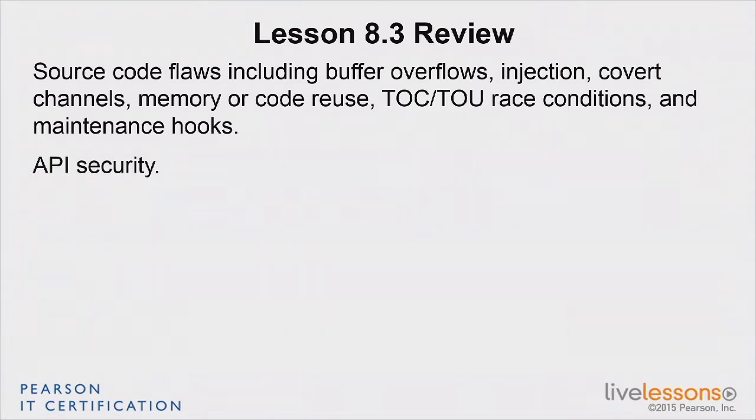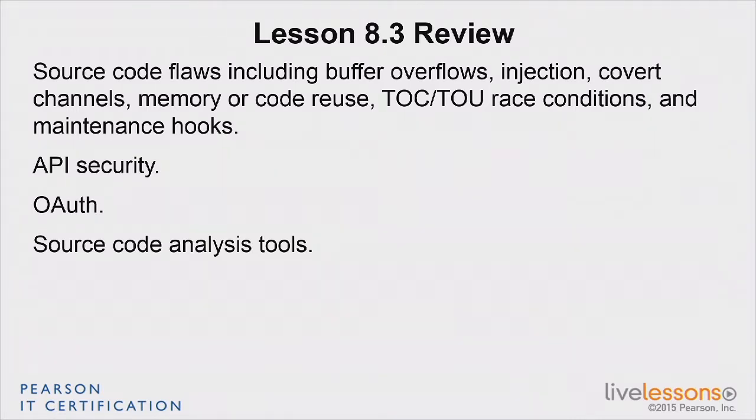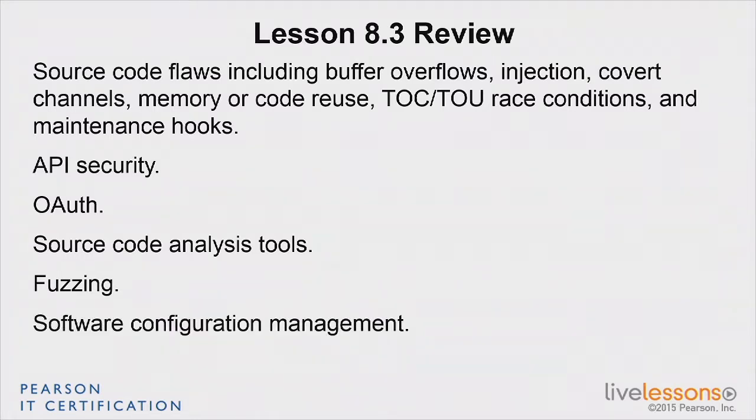We need to be concerned about API security, particularly in the Internet of Things, and we looked at using OAuth or open authorization. Source code analysis tools are available but should be evaluated for scalability and for output, and should also always still be combined with human intelligence. We did a refresher on fuzzing, which is the input of malformed or unexpected data packets. And we looked at software configuration management in relation to source code.